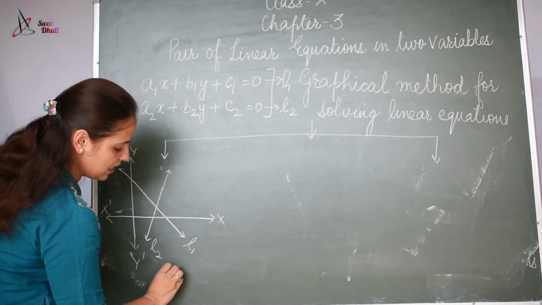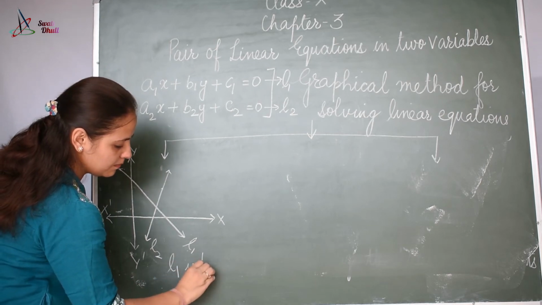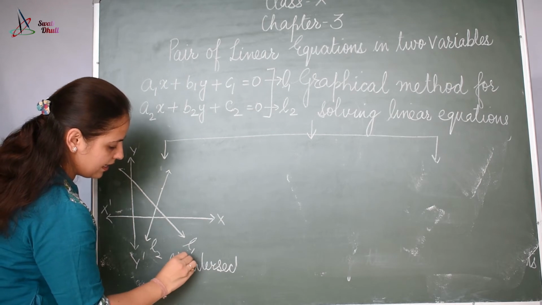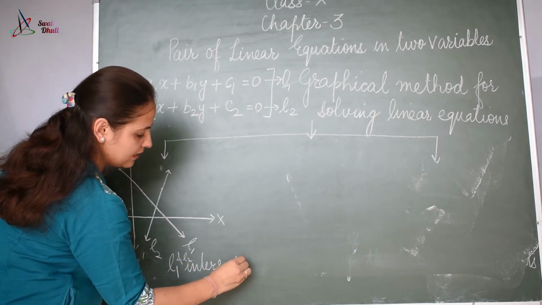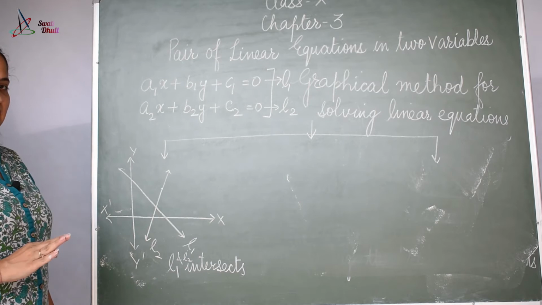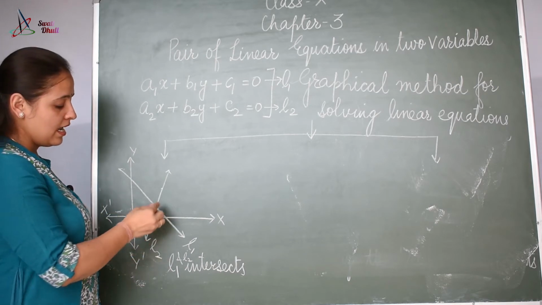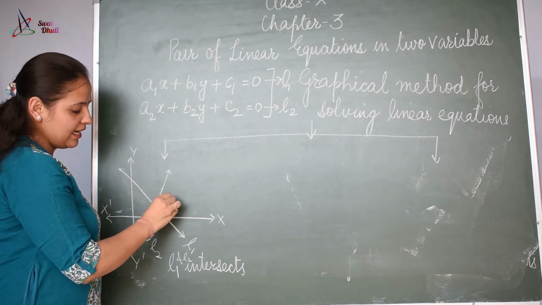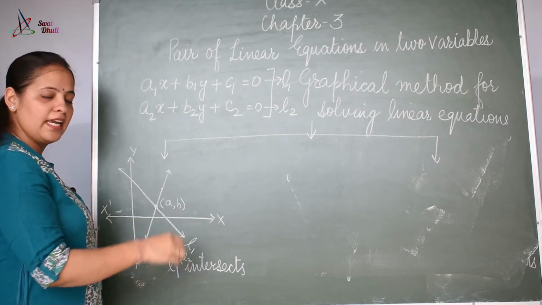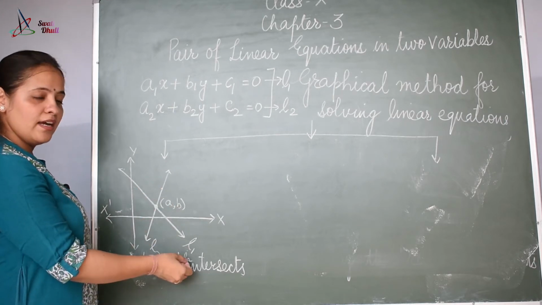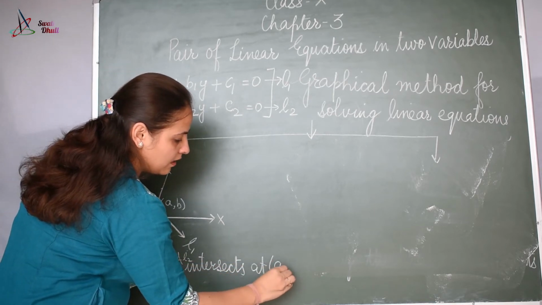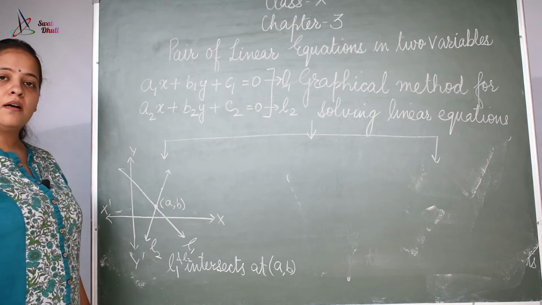That means L1 and L2 intersect, and you are finding that they intersect at a point, let it be a comma b. So L1 and L2 intersect at a point a comma b.